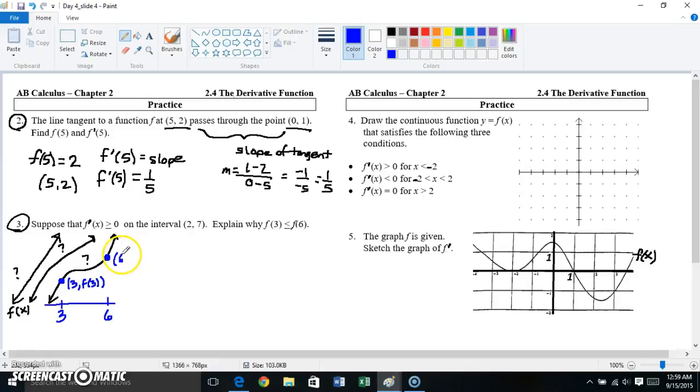This point would be 6, f of 6. Okay, so if the slope is positive, then the function must be increasing. So that means y values are getting bigger and bigger as you move from 3 to 6.